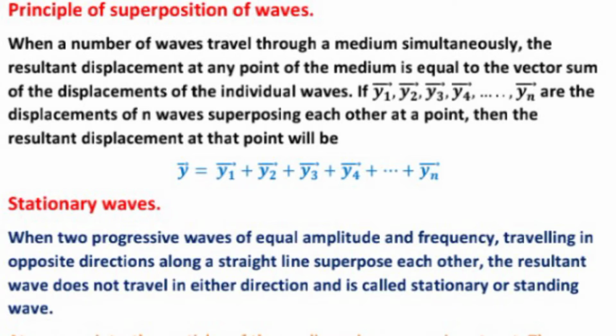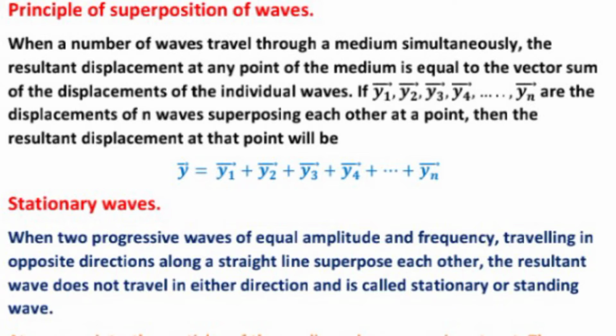Stationary waves. What are stationary waves? When two progressive waves of equal amplitude and frequency traveling in opposite directions along a straight line superpose each other, the resultant wave does not travel in either direction and is called a stationary or standing wave.